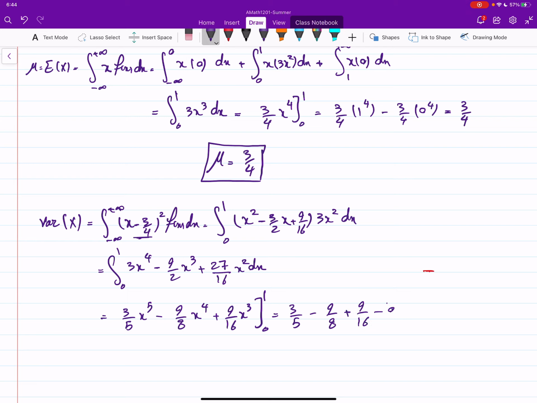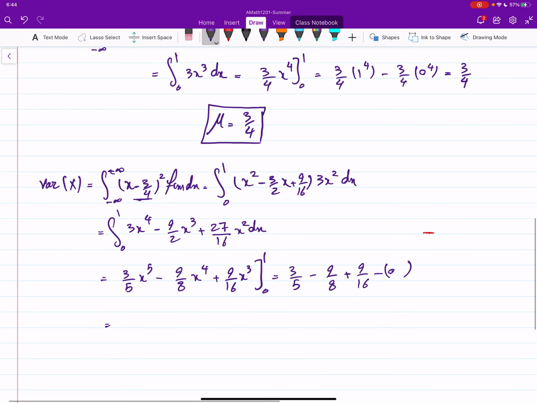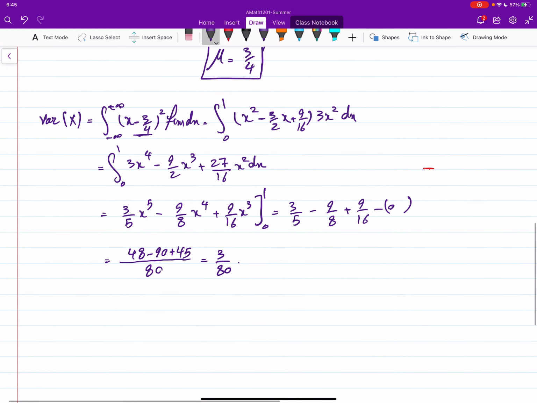The other part will give us 0. So for the variance, with a common denominator of 80, this is 48 minus 90 plus 45, and that gives 93 minus 90... that's nice, 3 over 80. So the variance with the regular formula is that.